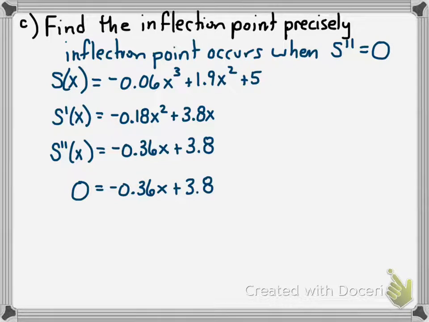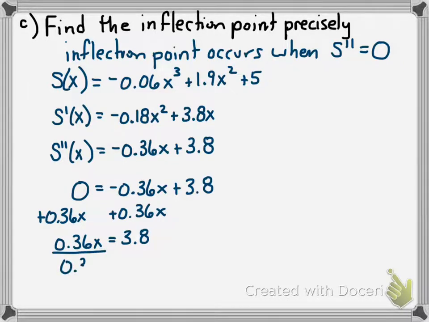To solve for x, I can add 0.36x to both sides. So I have 0.36x equals 3.8. And now I can divide both sides by 0.36. And I end up with x equals 10.6.